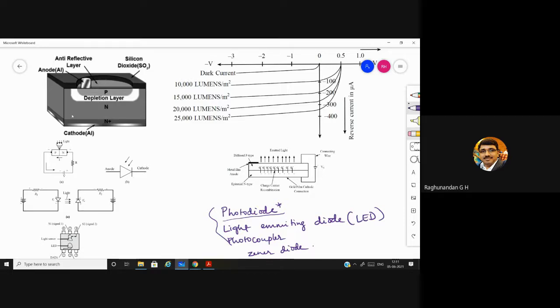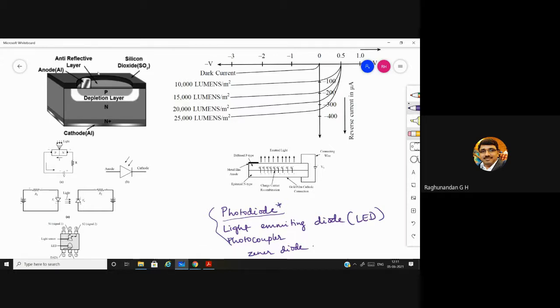After the N plus layer and N layer, we have an anti-reflective coating over the surface where the light falls. This anti-reflective layer is made up of silicon nitride, which helps in absorption of the light.